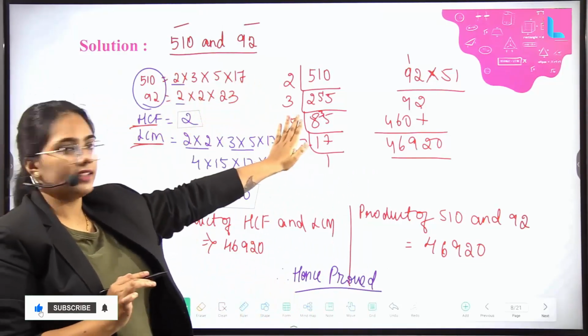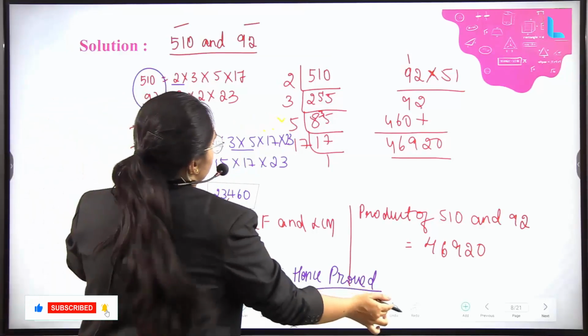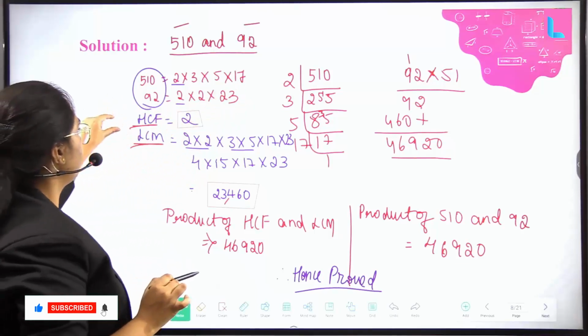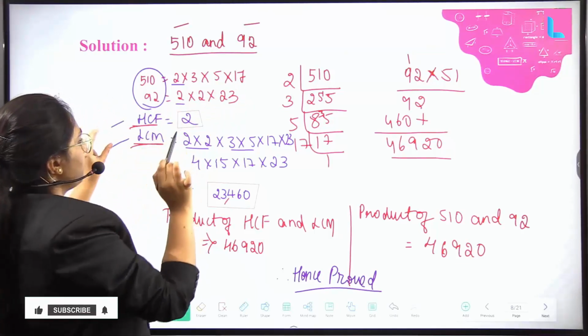This is how you'll have to solve. First take the prime factorization and write the numbers in the factorization form. Then write the HCF and LCM of the numbers.